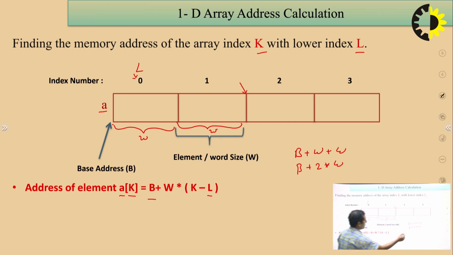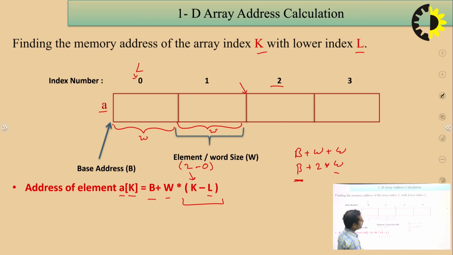This is the base address plus word size into K. Here K is 2. If you find the address of this location, K is 2 and L is 0. So, this becomes B plus W into K minus L.